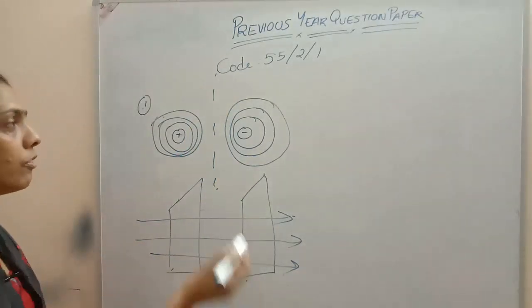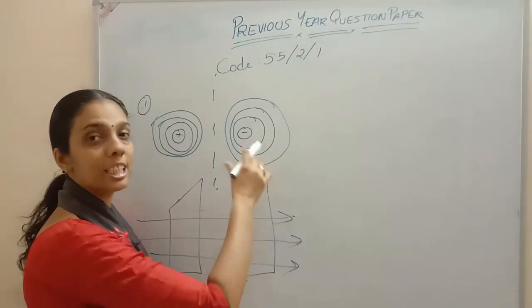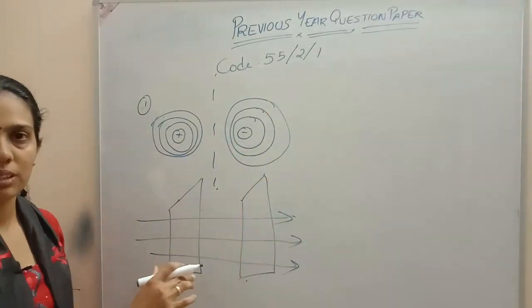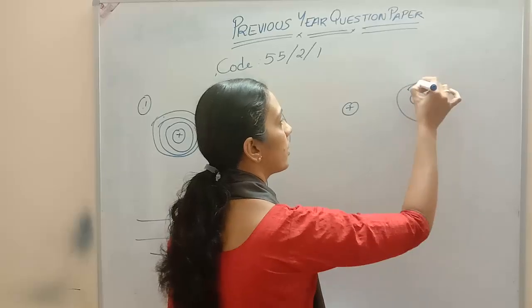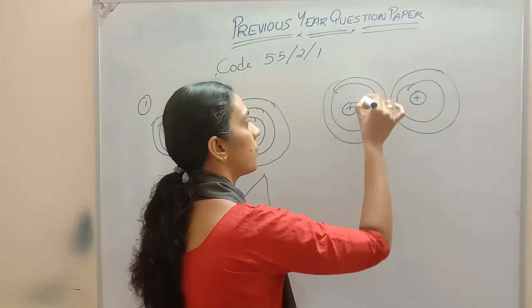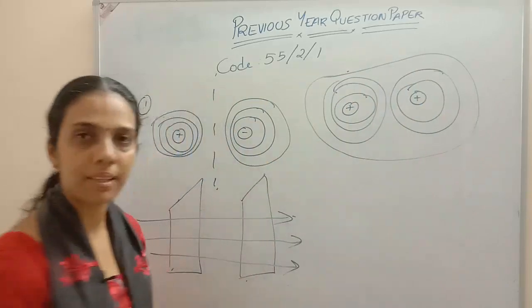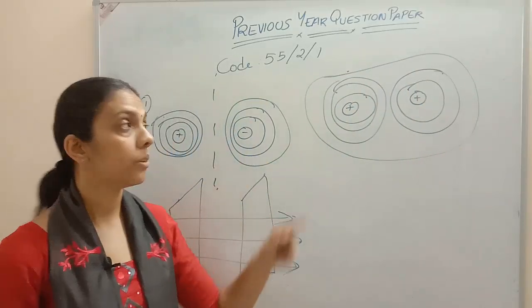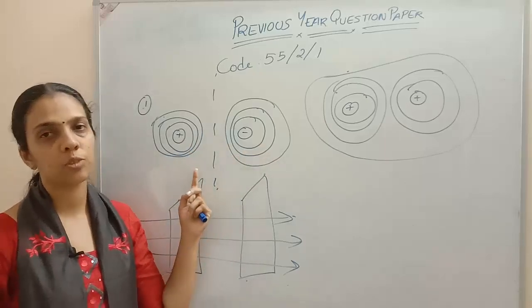But if both are positive charges, how will the equipotential surface be? It will come closer to each other. Here this is positive and this is also positive, so while drawing it, the surfaces will come very close to each other, like this. That is for both positive. If one is positive and one negative, it will be like this.